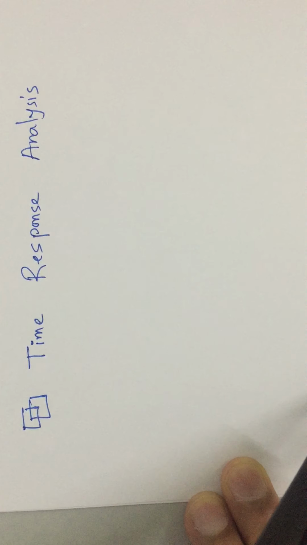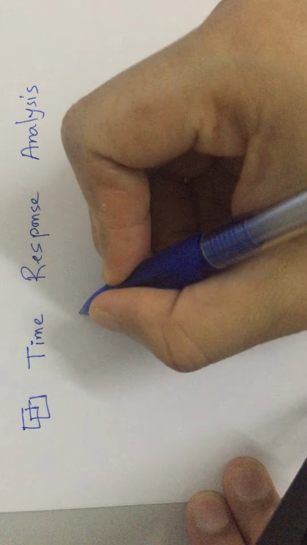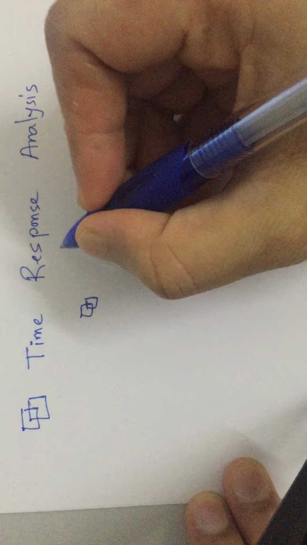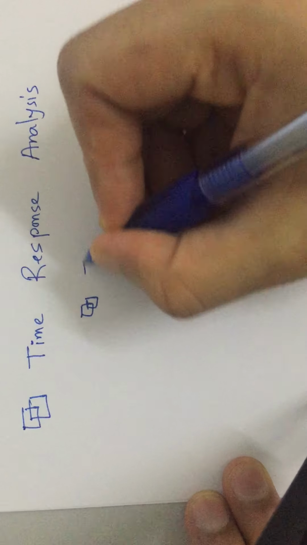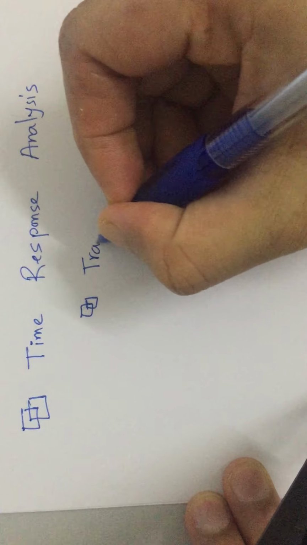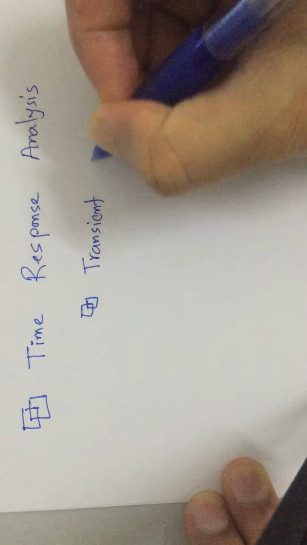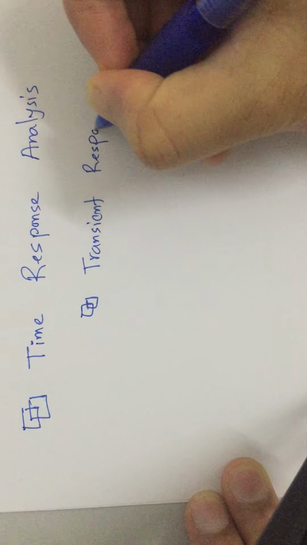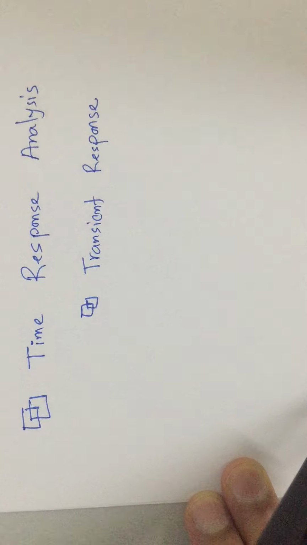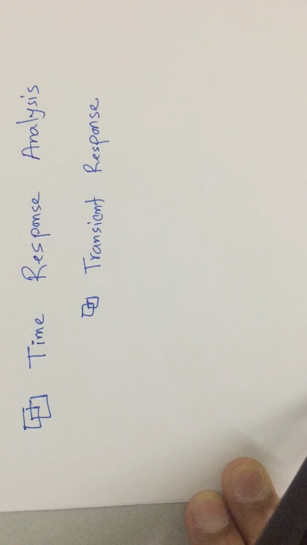There are two types of time response analysis. Number one, we call it transient response. We have just said right at the beginning of the class that we need to analyze the transient response and the steady state response.